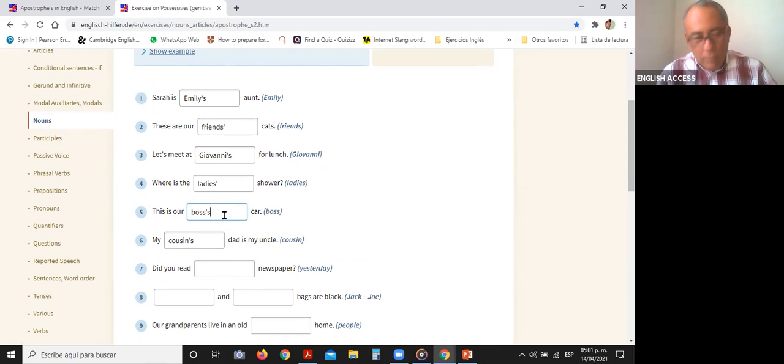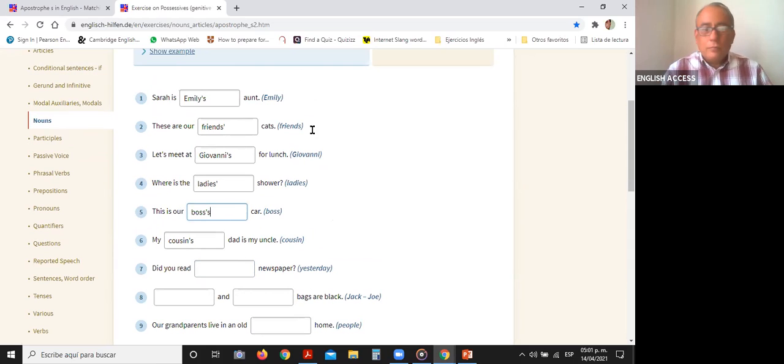No, mi querida Fátima. Por la razón de que cousin es singular. Entonces, esta regla no viene en el libro. Sin embargo, cuando un sustantivo es singular, pero termina en S, se le agrega apóstrofe S.